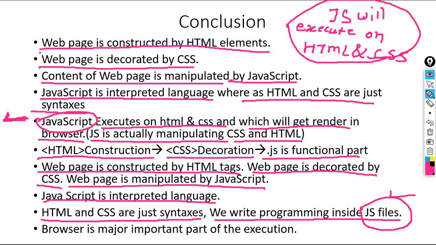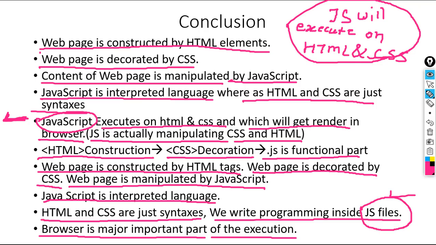Now the browser is a major important part of the execution, because the browser has three parsers: an HTML parser, a CSS parser and a JavaScript parser. So the browser plays a very important role. Without a browser we cannot open or access any web page. The browser is client software.